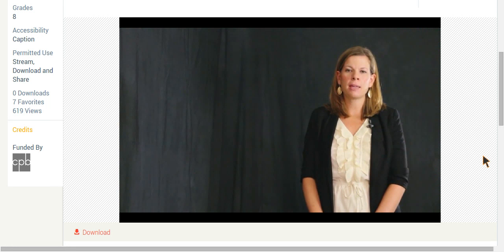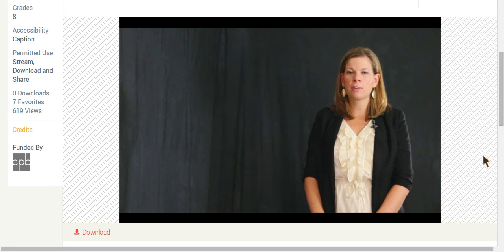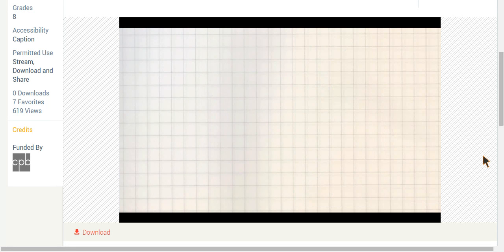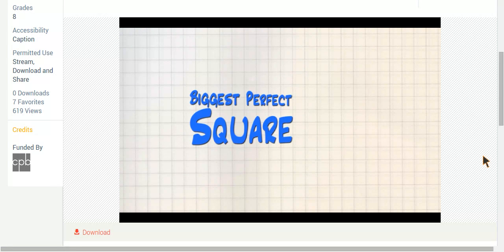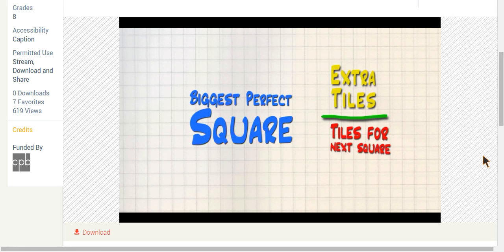So to approximate the square roots of non-perfect squares, we find the biggest perfect square. That's going to be our whole number, the square root of that biggest square. And then the numerator is how many extra tiles were left as part of that non-perfect square. And your denominator is going to be how many total tiles were needed to create the next biggest perfect square.